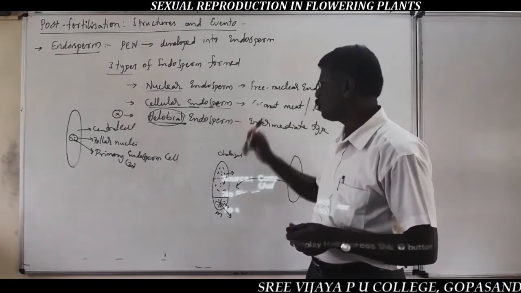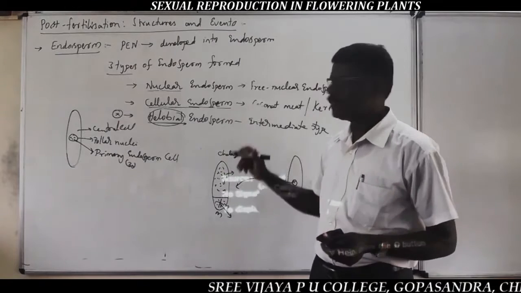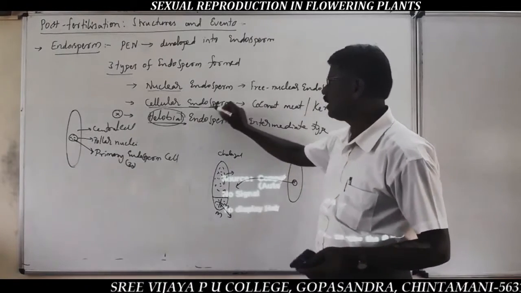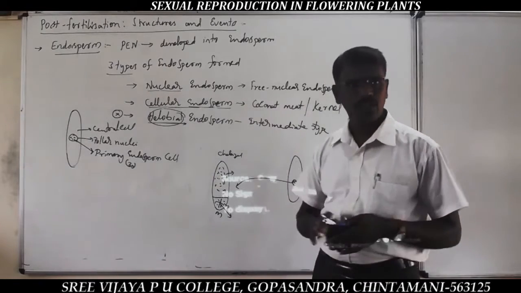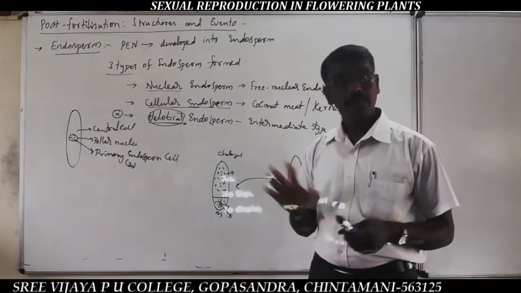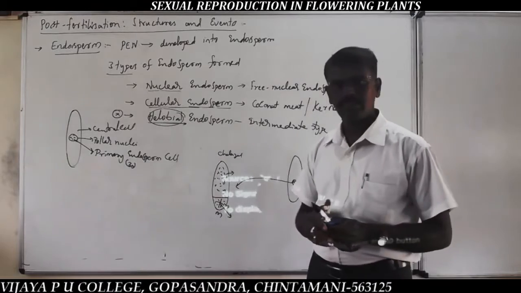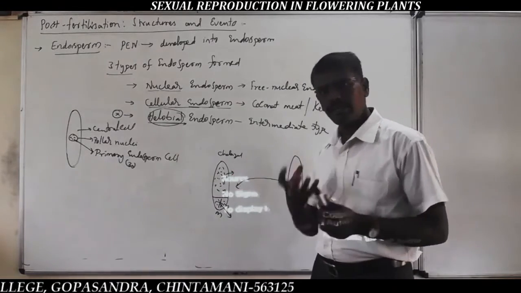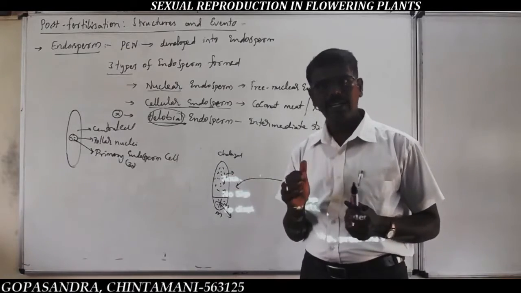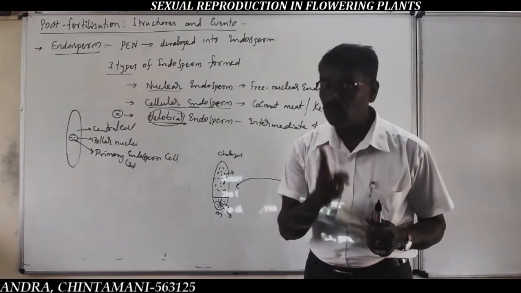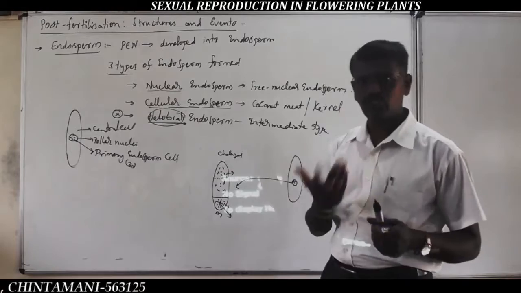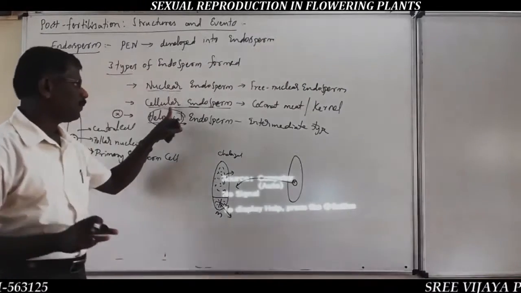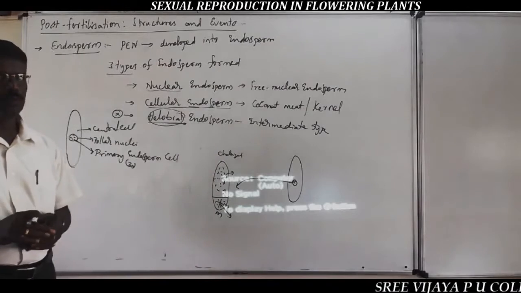But in cellular endosperm, these nuclear or pre-nuclear endosperm may be converted into cellular, or the primary endosperm cell divides followed by cross walls, with cells forming. That is the type of cellular endosperm.